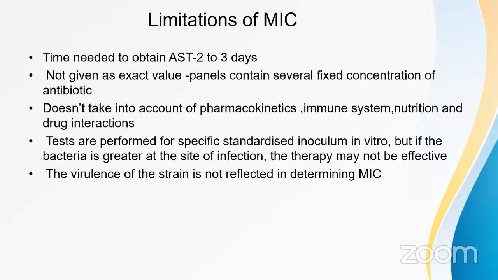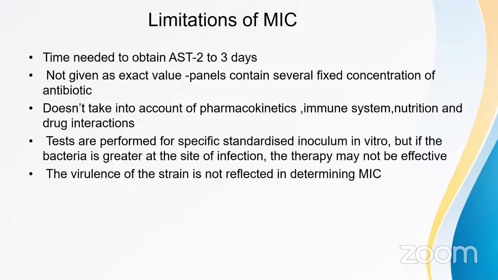So what are the limitations of MIC? To get the MIC, we need at least 2-3 days. Meanwhile, the empirical antibiotic is being given, to which the patient may not respond, or may become more sick. An MIC is not given as an exact value because the panels contain several fixed concentrations of antibiotic.